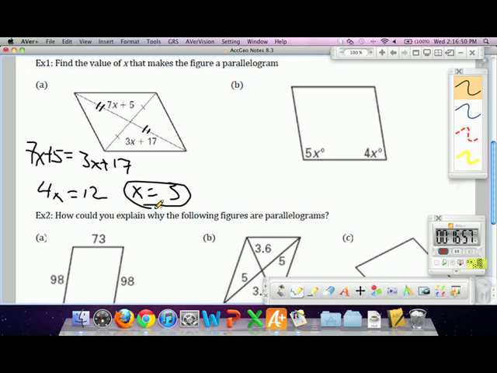So that should be one equation we can set up to figure out what x is. We're going to find x to make it a parallelogram, so you can give it a chance. I'll even throw in a little bit of information that this is probably necessary as well.